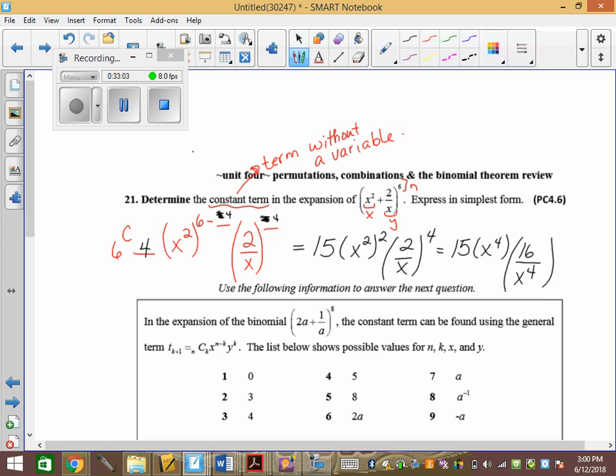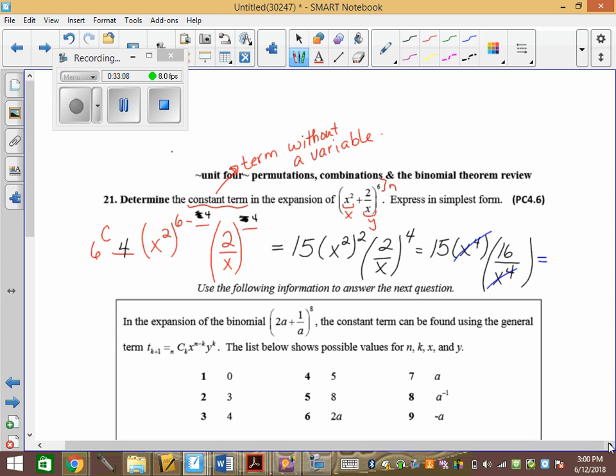We know we're right because the X to the 4's cancel. What's 15 times 16? 240? Remember, they can ask for the term number as well.